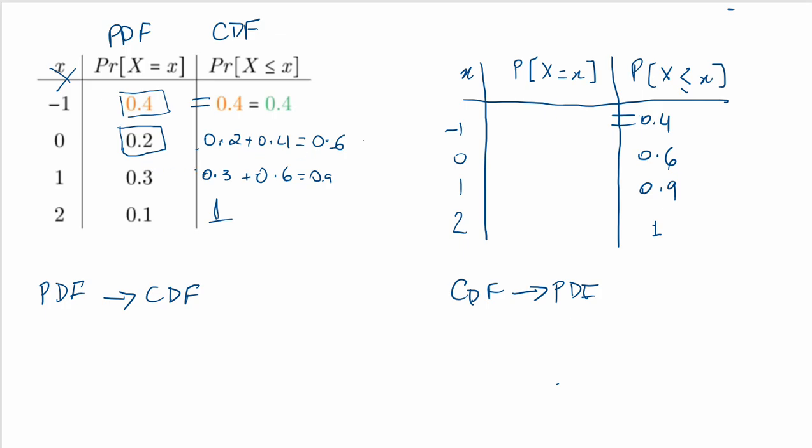What's the probability now in this row? I'm in this row. What's the probability of my random variable being less than or equal to 1? Well, it is the probability of being equal to 1, which is 0.3, and it's given in the PDF, plus the probability of being less than 1, which is the probability of being 0, 0.2, and the probability of being -1, 0.4.